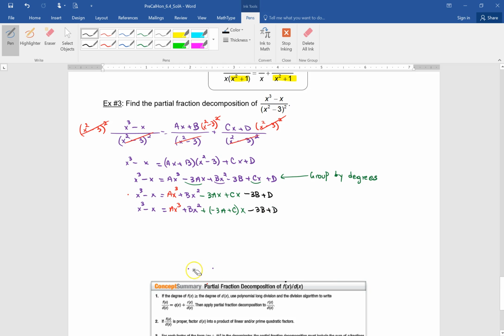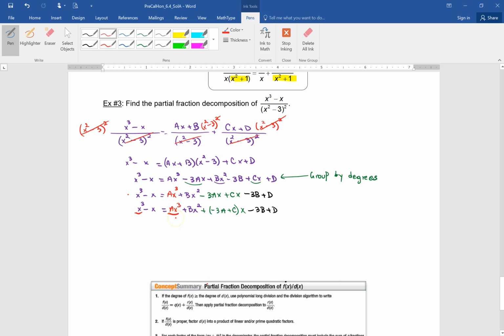Now, this is my favorite part. You match term with term. So for example, here you have the cubic term, ax cubed. Now on the left side, do you have a cubic term? x cubed. What's the coefficient on the left side? 1. What's the coefficient on the right side?